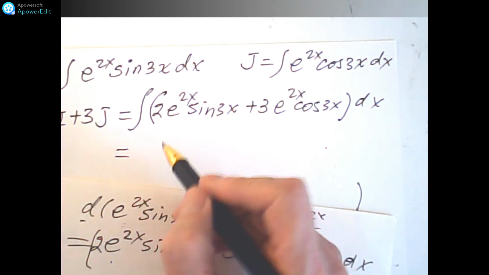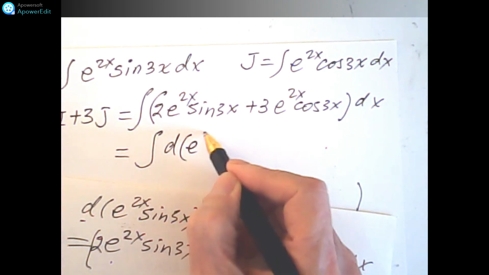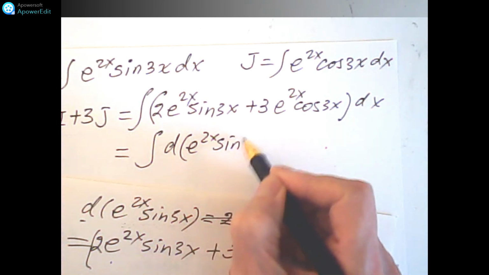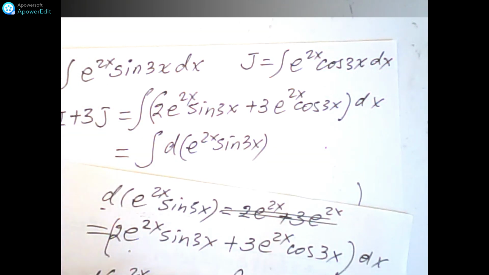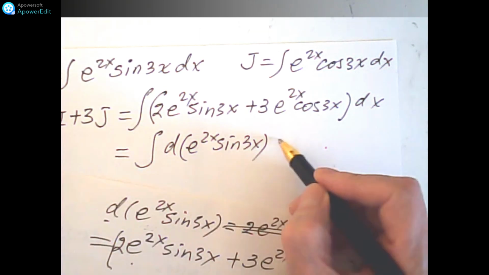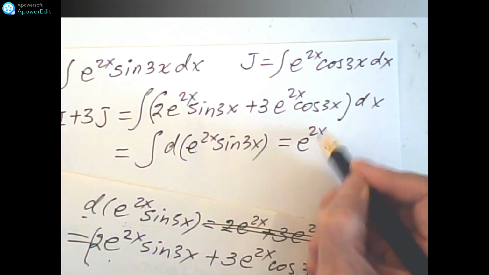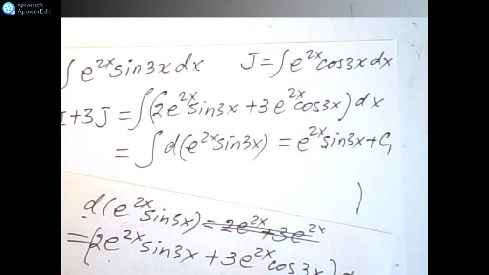This is the derivative of e to the 2x sine 3x, right? That's perfect. I've done it before. This one is equal to e to the 2x sine 3x plus c1.